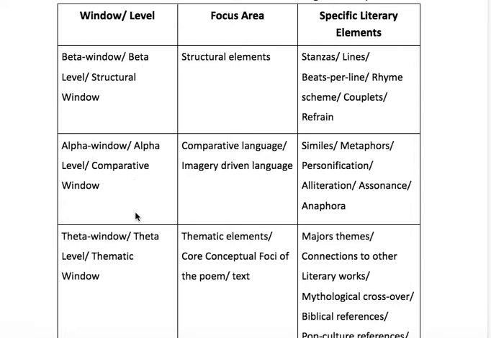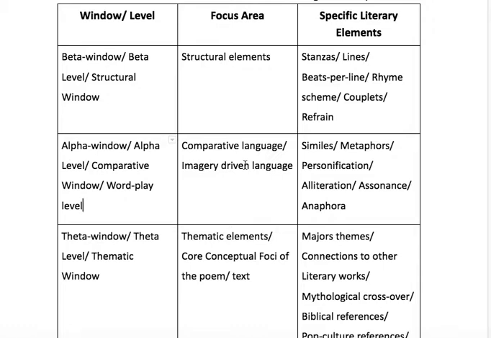Next, we move into the alpha window, or the alpha level. I also sometimes call that the comparative window or the comparative level, because you're looking for language tools, or we also could call it the word play level. Let's just type that in there, because that's also a useful synonym. And in terms of wordplay, we're talking about imagery.